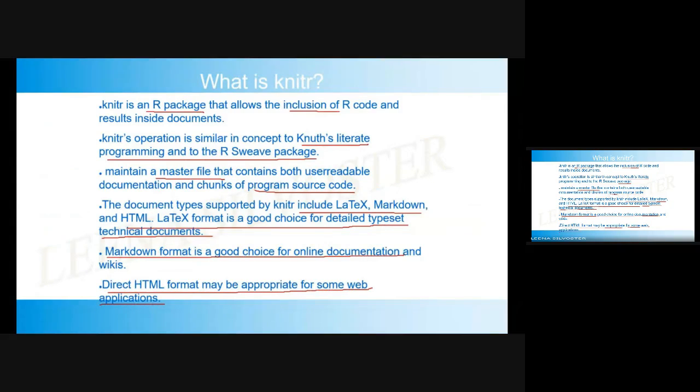Actually, Knitr's operation is similar to literate programming and adds a usage package. Usually, it maintains a master file that contains both user-readable documentation and chunks of program source code.